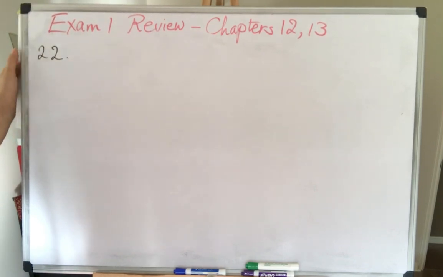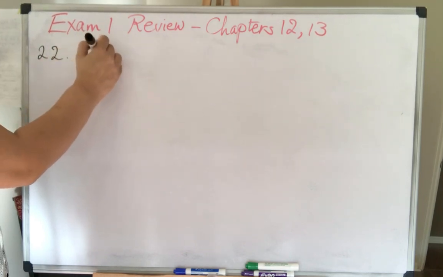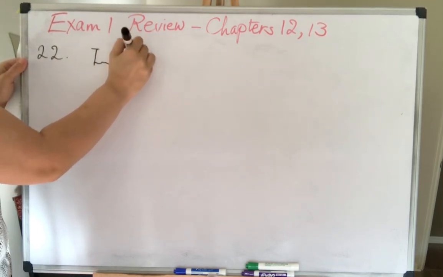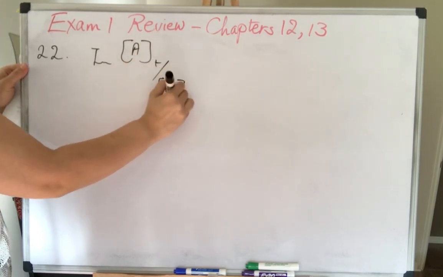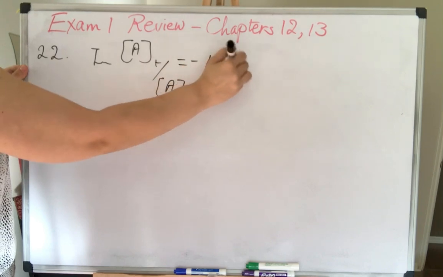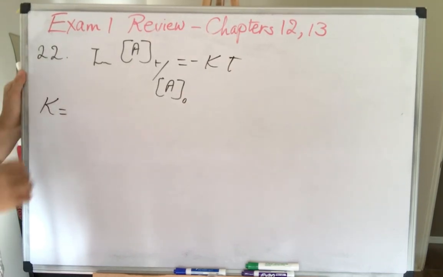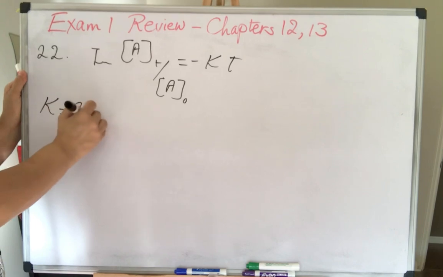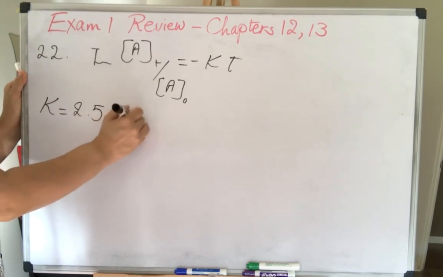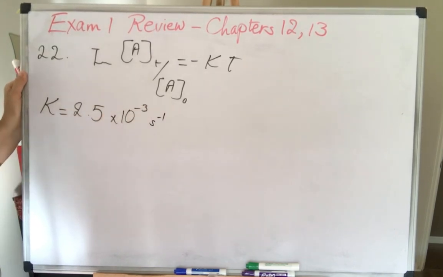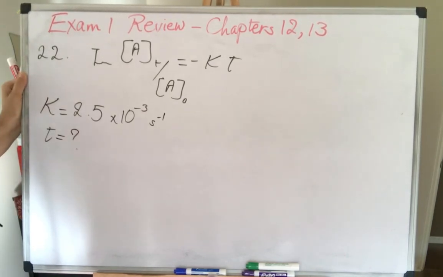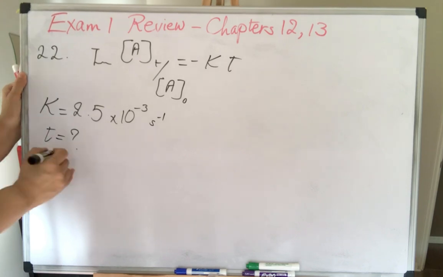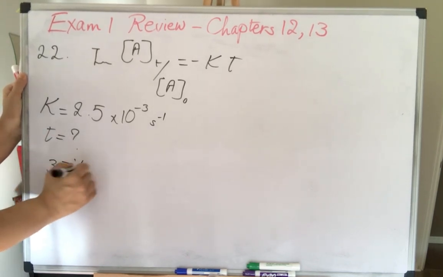At a given temperature, a first order reaction has a rate constant of 2.5 times 10 to negative 3 per second. How long will it take? We're solving for time again. For the reaction to be 35% complete.